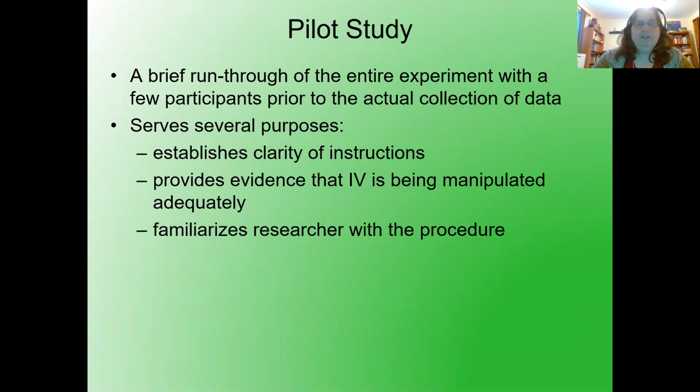It provides evidence that the IV, the independent variable, is being manipulated or observed adequately. And it familiarizes the researcher with the procedure. You wouldn't necessarily use this data, but it would provide good information for the actual study. You might even use it to learn more about a measure, if a measure is working well.